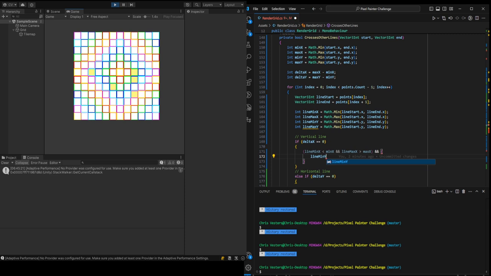Horizontal would be easier as well, but this is a vertical line. Line min y is smaller than min y. And is this enough? Now I'm starting to doubt again whether this is correct or not.